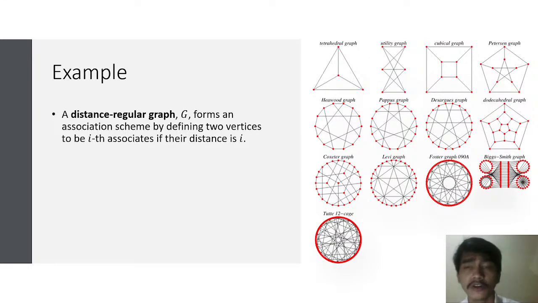For your information, a regular graph is a graph where the degree of every vertex is the same. A distance regular graph G forms an association scheme by defining two vertices to be ith associates if their distance is i. And also, a strongly regular graph is a two-class association scheme.